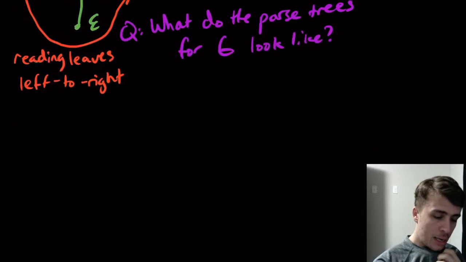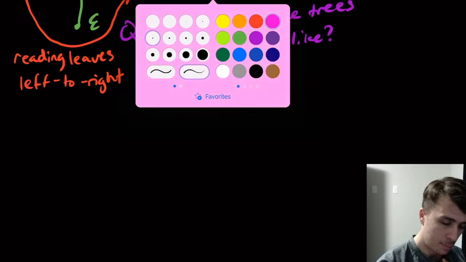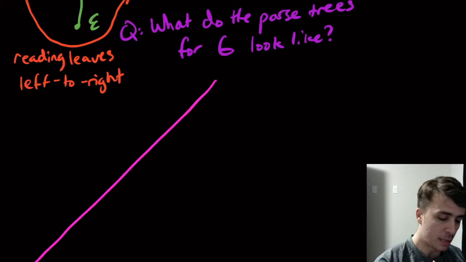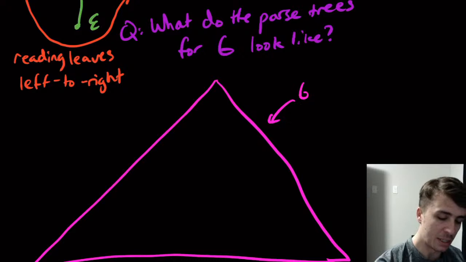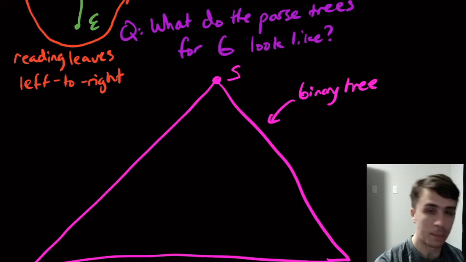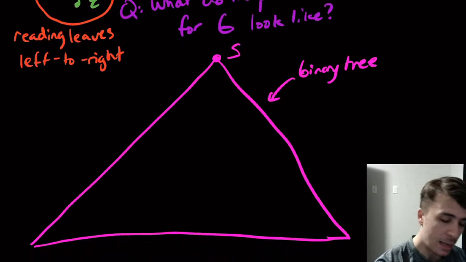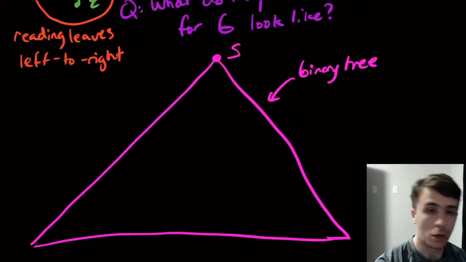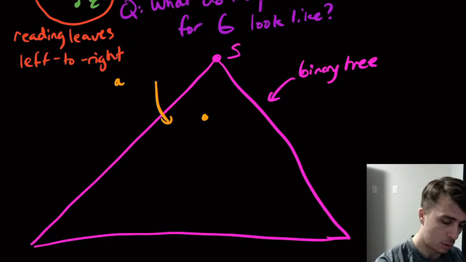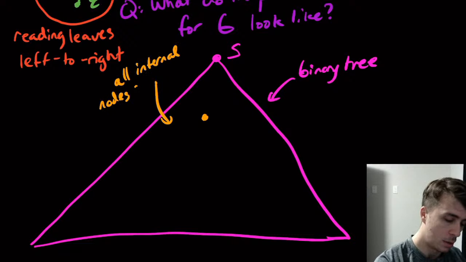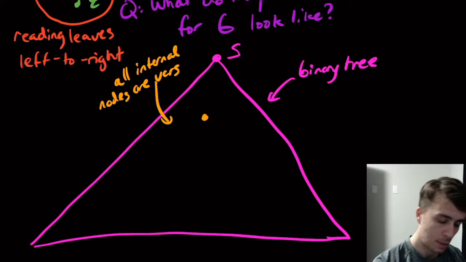So the punchline of all this build-up is that the parse tree is a binary tree, with the start variable up top, of course. And all of the internal nodes are variables.